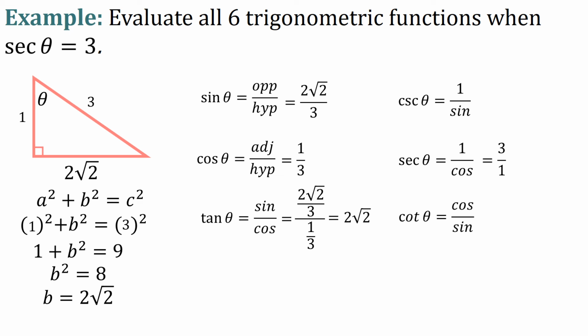Cosecant is the reciprocal of sine, so now we have 3 over 2 square root of 2. We don't like radicals in the denominator, so rationalizing our denominator, we now have 3 square root of 2 over 4. We already know secant, and cotangent is the reciprocal of tangent, so 1 over 2 square root of 2. Rationalizing our denominator, multiplying the top and the bottom by square root of 2, we get square root of 2 all over 4.